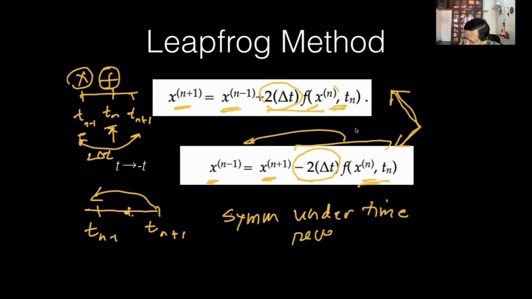This operation, t going to minus t, where instead of going forward you go backward, is basically called time reverse motion. For the leapfrog method, if you go forward or backward, your equation remains the same. But this is not the case for other methods which we discussed so far.